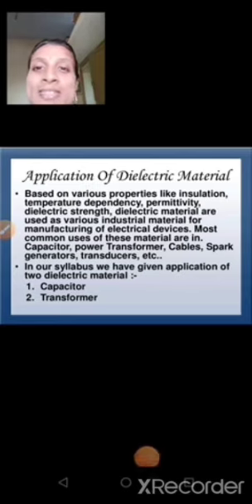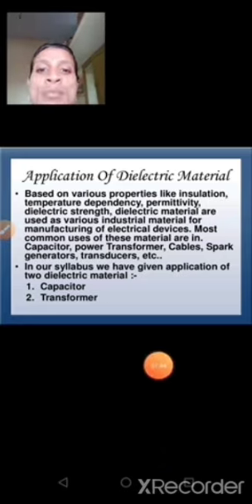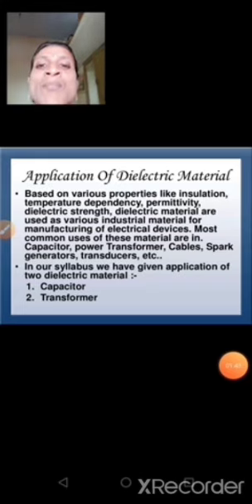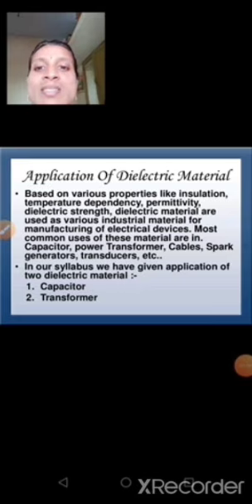The temperature dependence is the effect of temperature. Permittivity is the ability to polarize. Dielectric strength is the strength of a dielectric material, and we use them for industrial purposes because we use them in the preparation of electrical devices. The most common uses of these materials are in capacitors, power transformers, cables, spark generators and transducers.